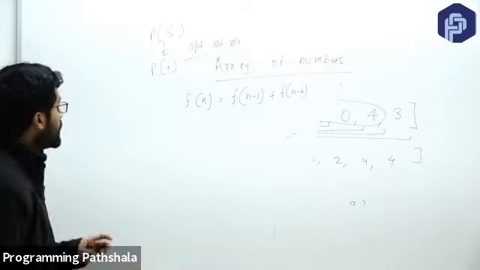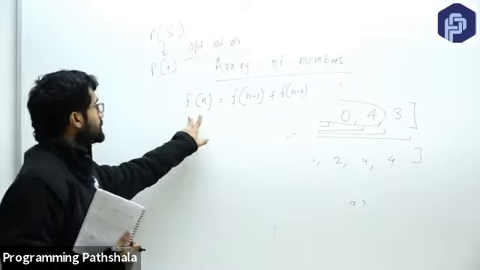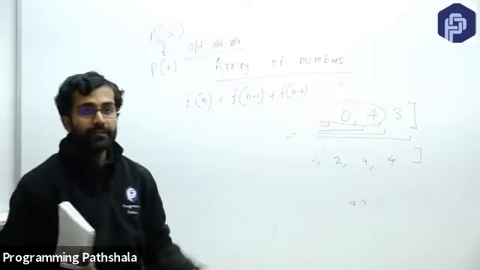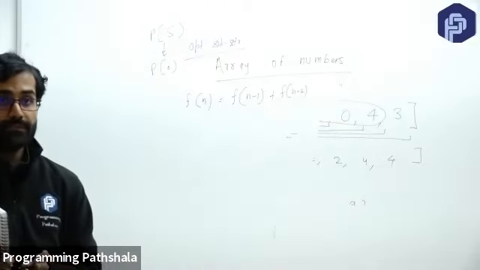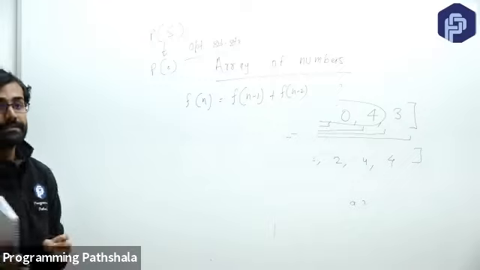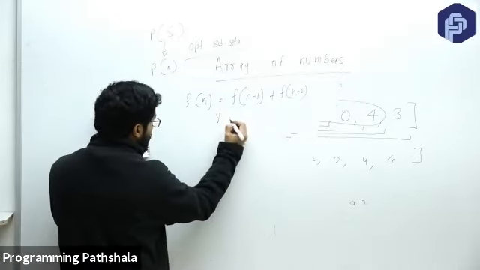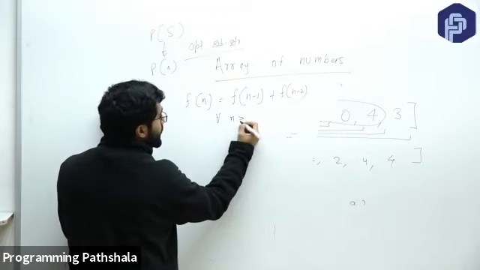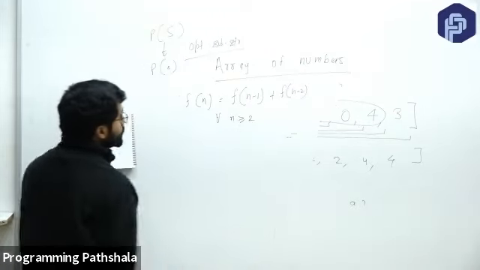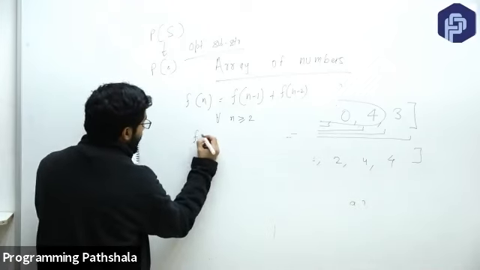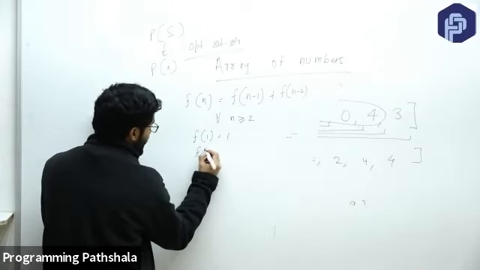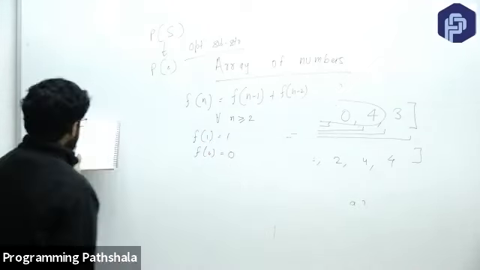Now, also, is this formula true for all values of n? The answer is no. This is not true for all values of n. This is true for all values of n which are greater than or equal to 2. Okay. And for f of 1, the value is 1, and for f of 0, the value is 0.